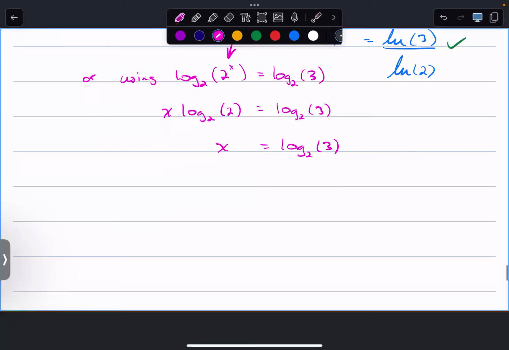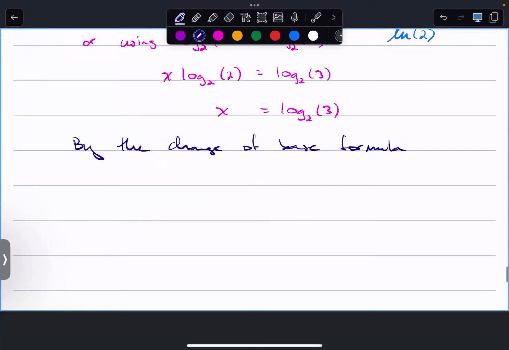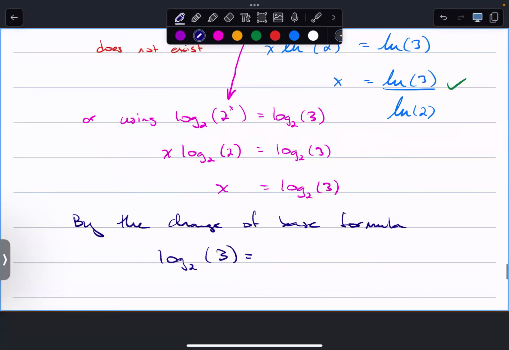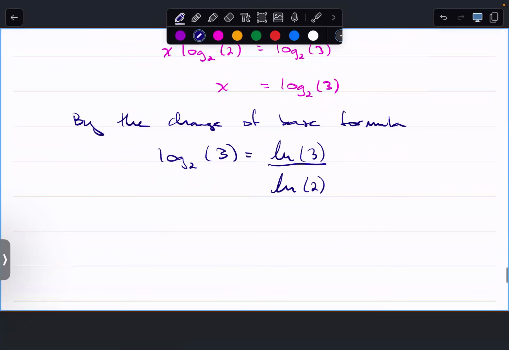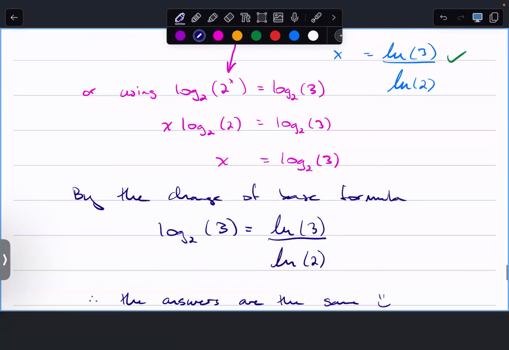Aha. By the change of base formula, the log base 2 of 3 is the same as the natural log of 3 divided by the natural log of 2. So the answers are the same. Ta-da!